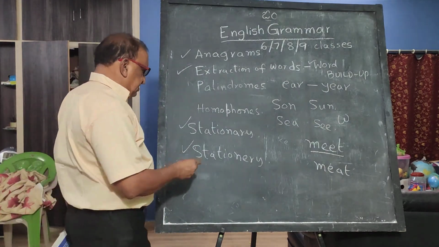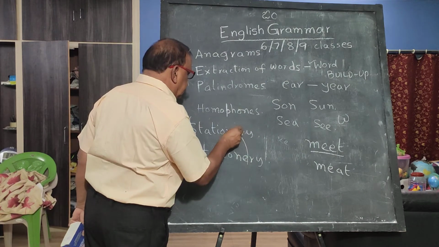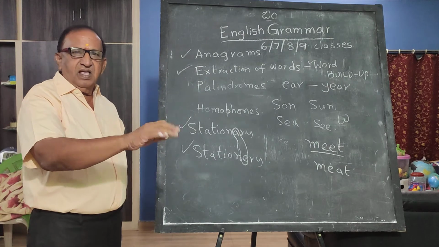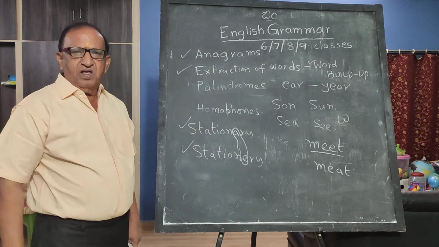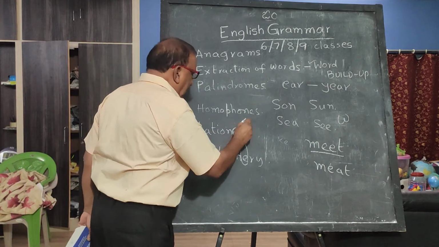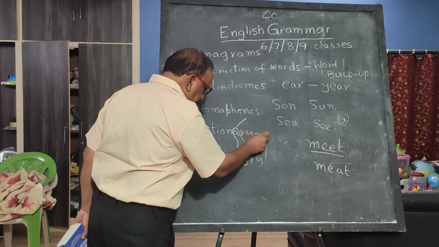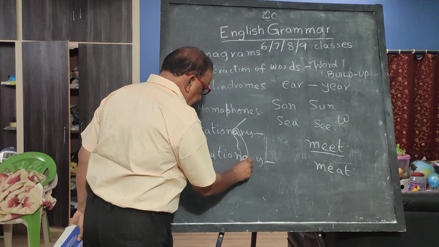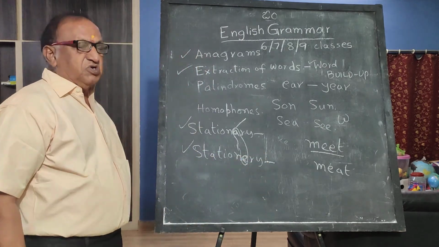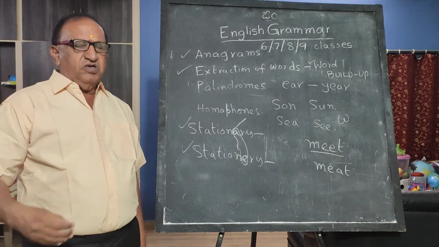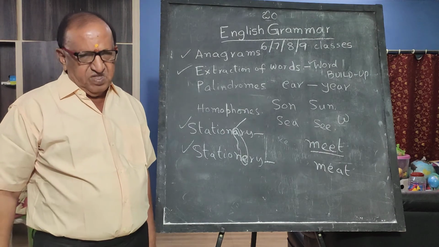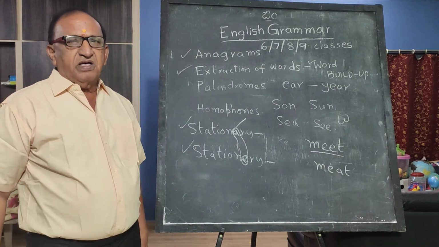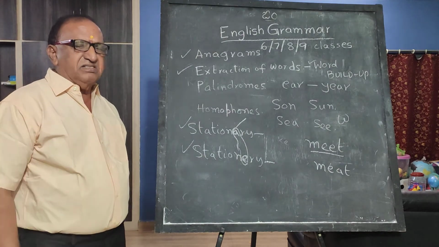here the problem is this, either A or E, right? Everything else is same. All the other letters are same. Only thing is you have doubt, what does this word mean if you use A? What does this word mean if you use E? So the technique is, when you go to a stationery shop to buy pen, paper and all that, in the pen, what is the middle letter?